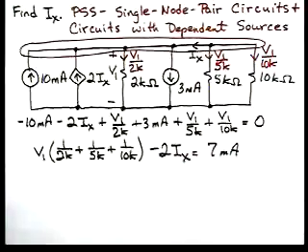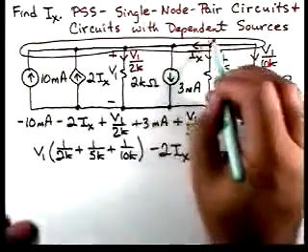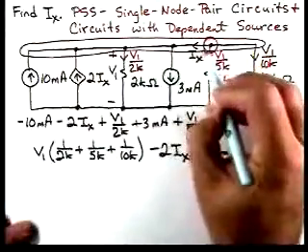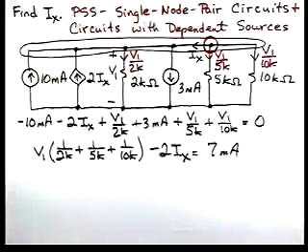Now, referring to the strategy on circuits with dependent sources, now I need to express Ix in terms of that voltage V1, and where I'll do that is I will apply Kirchhoff's current law at this connection.